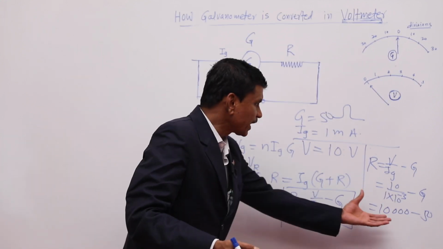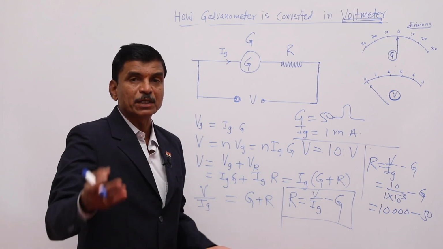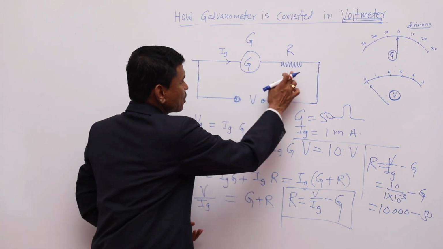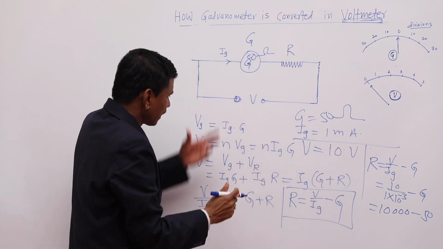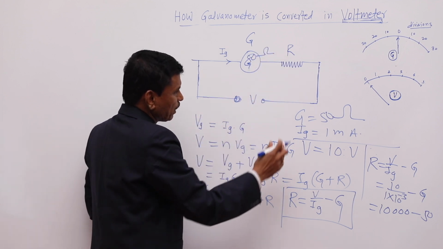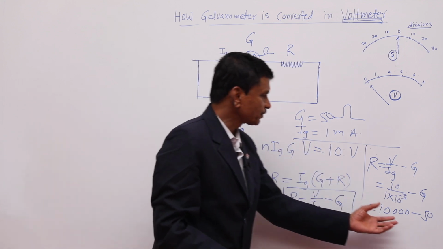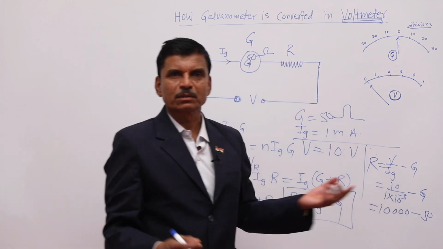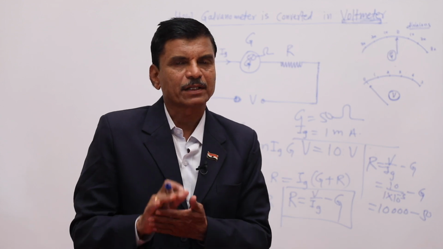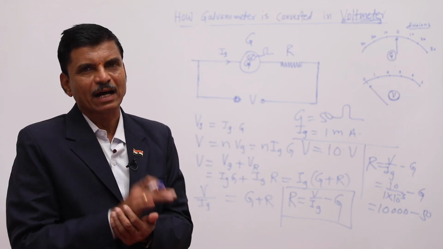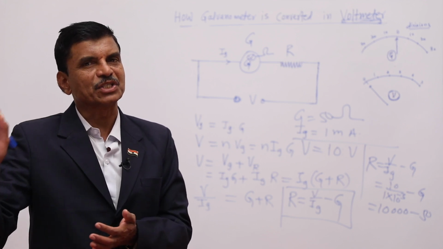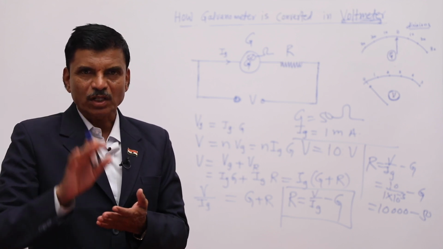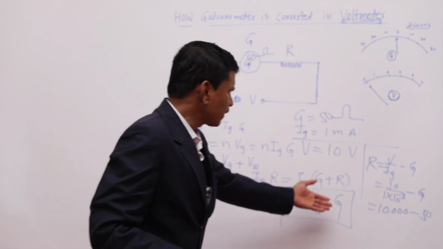So if we connect the 9,950 ohm resistance in series with this galvanometer having 50 ohm, then the voltage range will be increased up to 10 volt. Okay? So very simple. What is the series resistance required? R is equal to V upon Ig minus G. To solve an example on a voltmeter, use this equation directly.